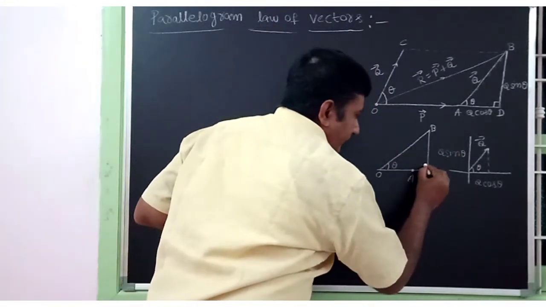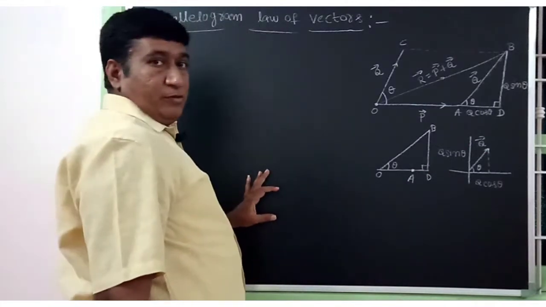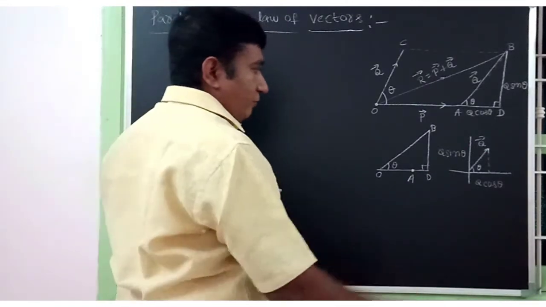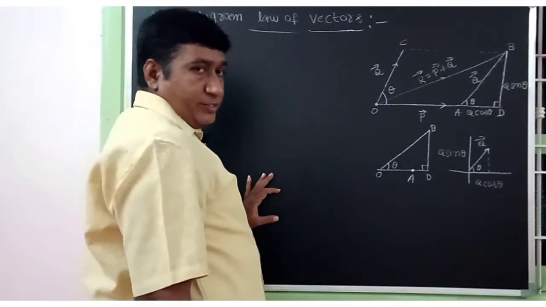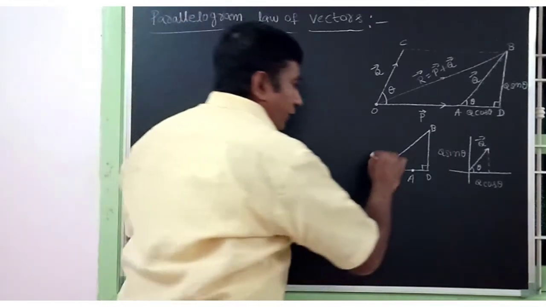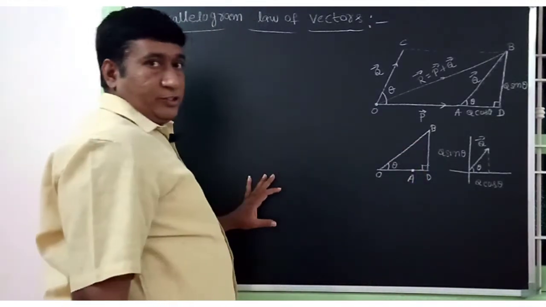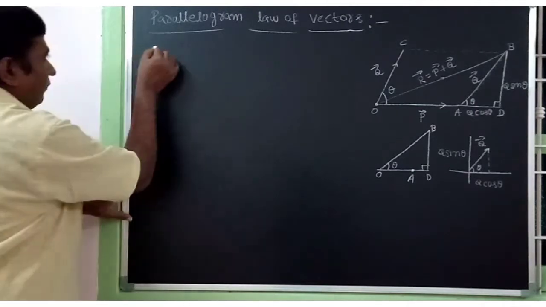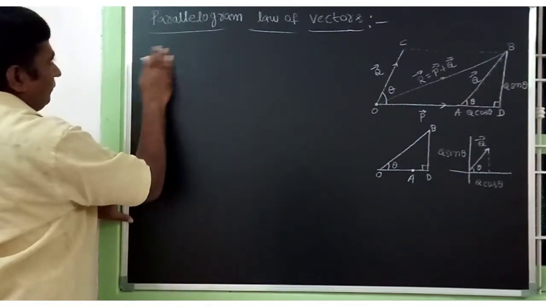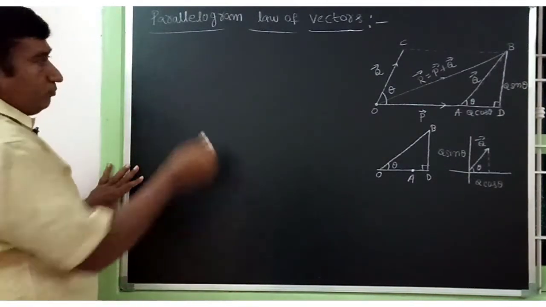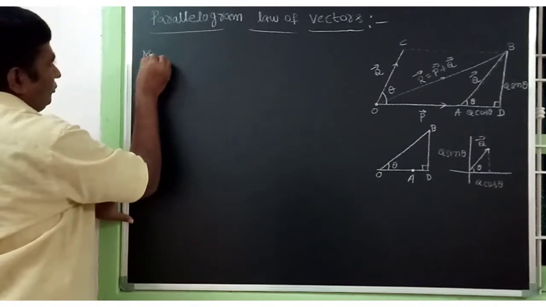This is a right angle triangle. From the right angle triangle, with the help of the Pythagoras theorem, we are going to find this resultant. So from the figure, first we are going to find the magnitude.